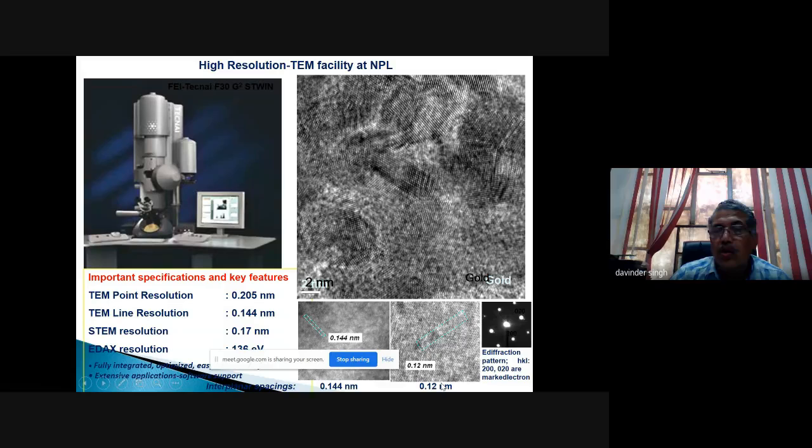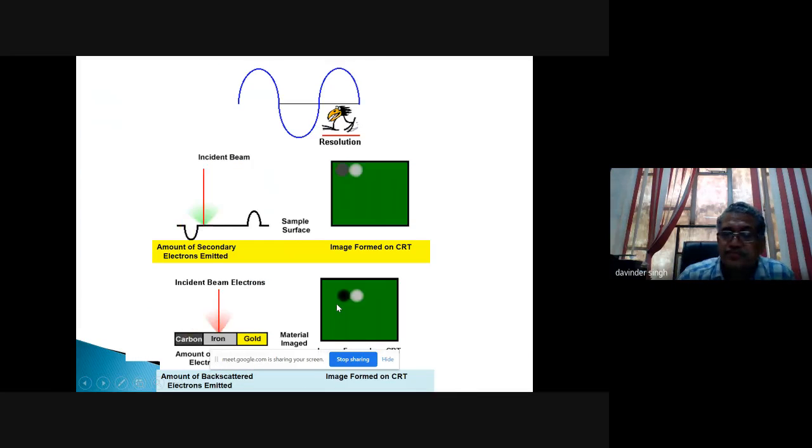So these are the advanced facilities of this transmission electron microscope, we call it high resolution TEM. It means the line by line resolution of 0.144 nanometer is possible. STEM resolution is 0.17 nanometer. EDS 136 eV you can do. So very accurately you can measure.